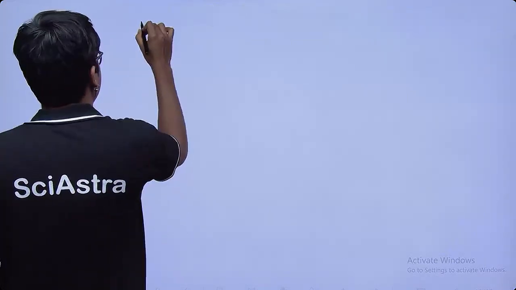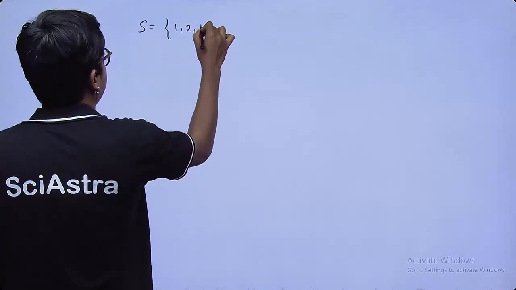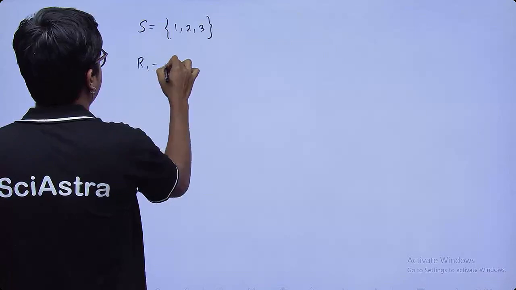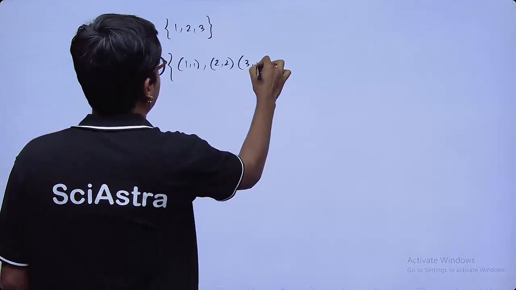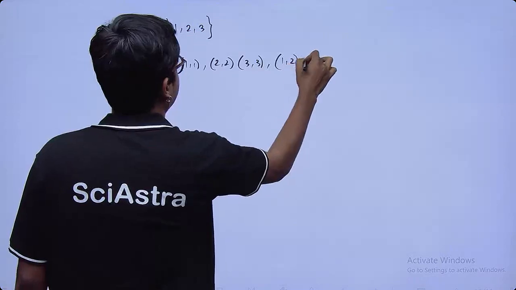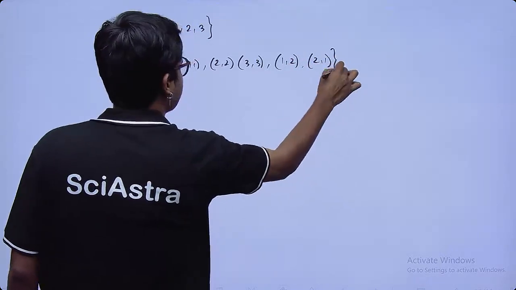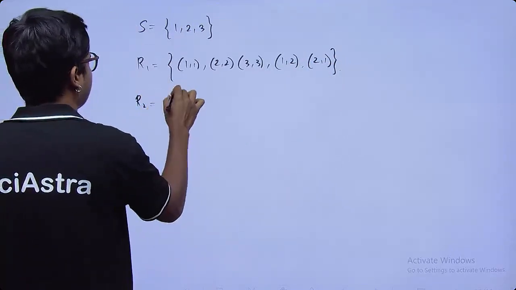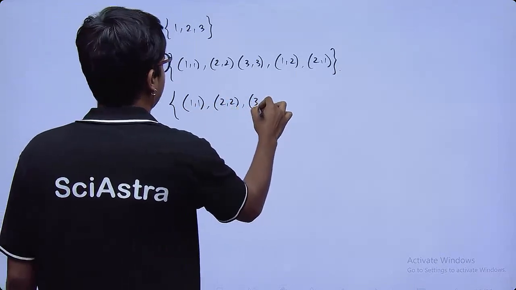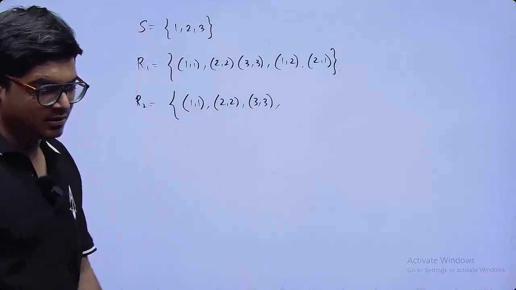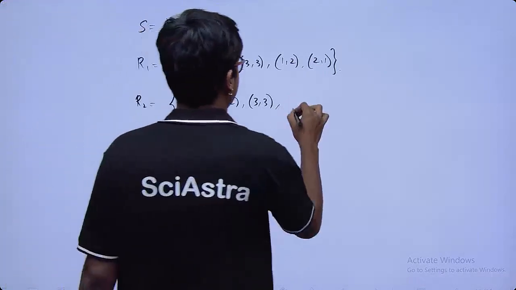So let's say take the set S to be {1, 2, 3}. Define R1 to be obviously (1,1), (2,2), (3,3), and then let's take (1,2) and (2,1). Okay, this is an equivalence relation. Again (1,1), and now let's take, say, (1,3) and (3,1).